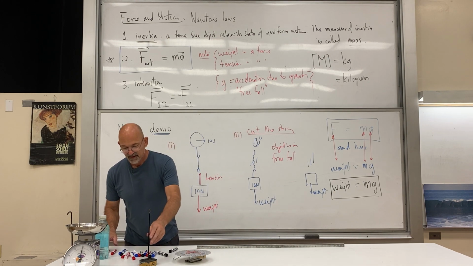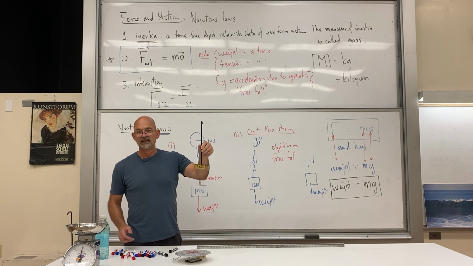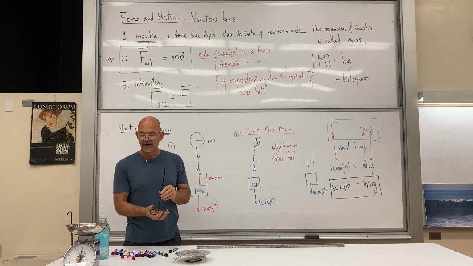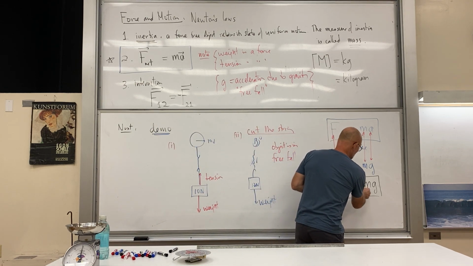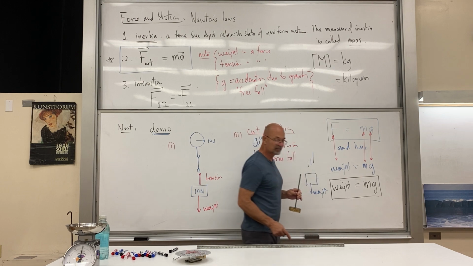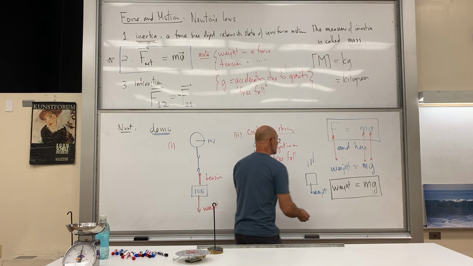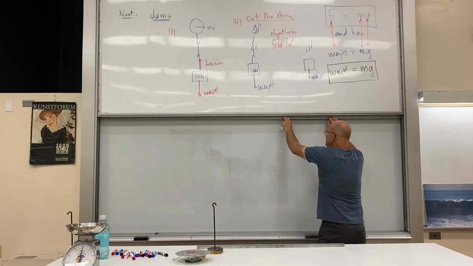This object here is a 1 kilogram object. It's an object of mass 1 kilogram, then multiplied by 9.8 meters per second squared. So let's put that as an example.